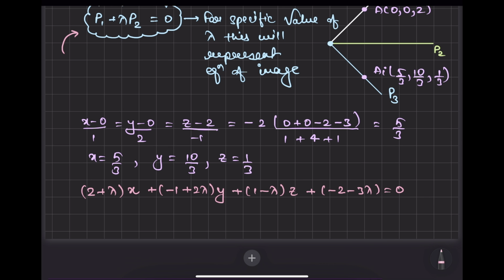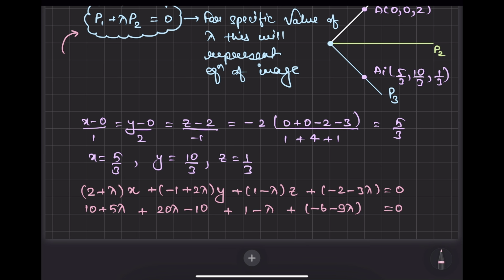So it is 5 by 3: 10 plus 5 lambda by 3, plus 20 lambda minus 10 by 3, plus 1 minus lambda by 3, plus, I'll multiply and divide by 3, minus 6 minus 9 lambda by 3. Now I will multiply both sides by 3 so we can get rid of this.